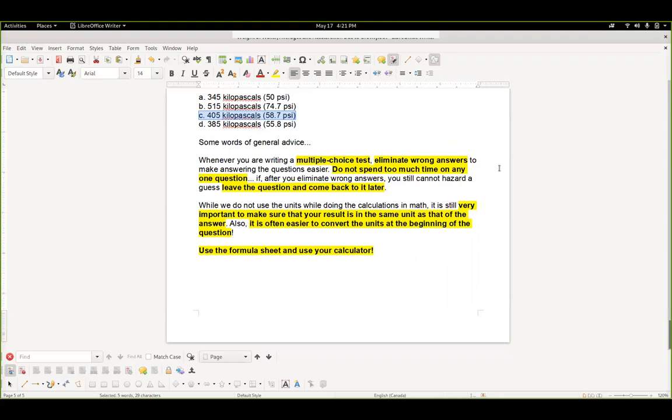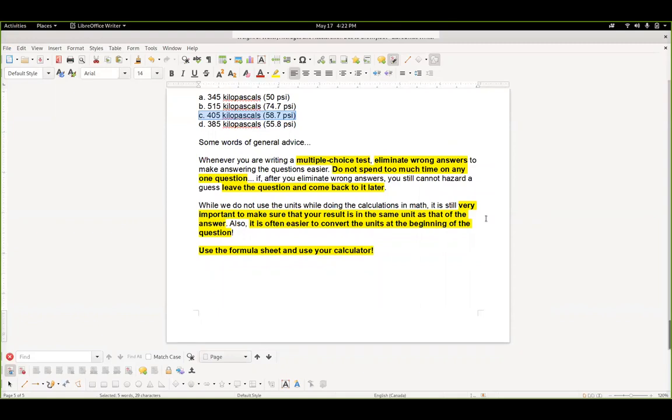While we do not use the units while doing the calculations in math, they are still very important. We did use some units there. That was some fairly basic math, but when you get into more complicated math, you don't usually want to use the units because it makes it too complicated, and you also might think that some of the letters for the units are variables. So it is still very important to make sure that your result is in the same unit as that of the answer.